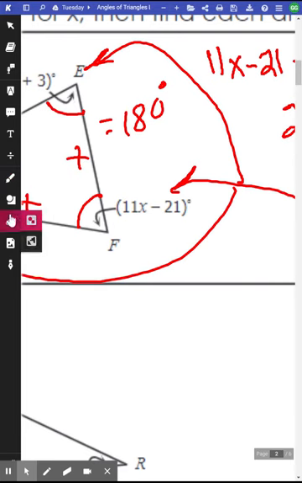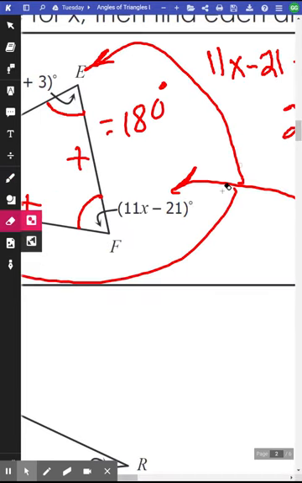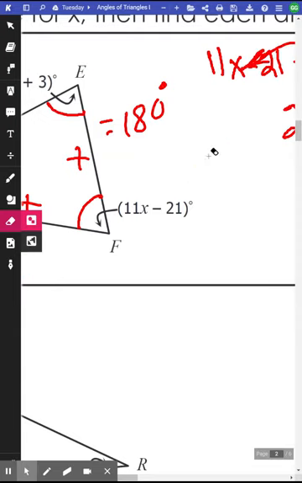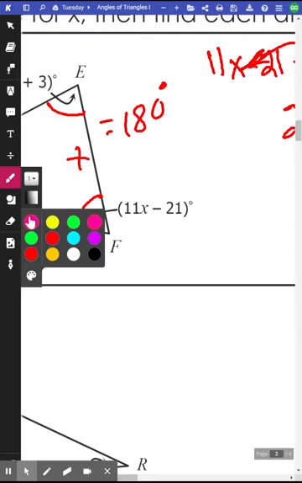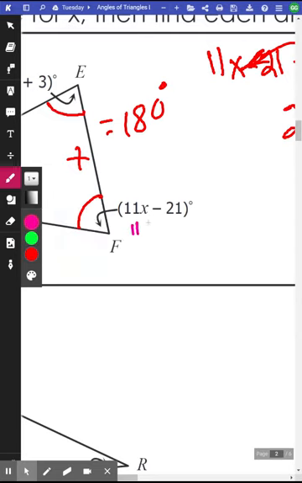So let's see if we can do that. This is 11 times 8 minus 21. So angle F is equal to 67 degrees.